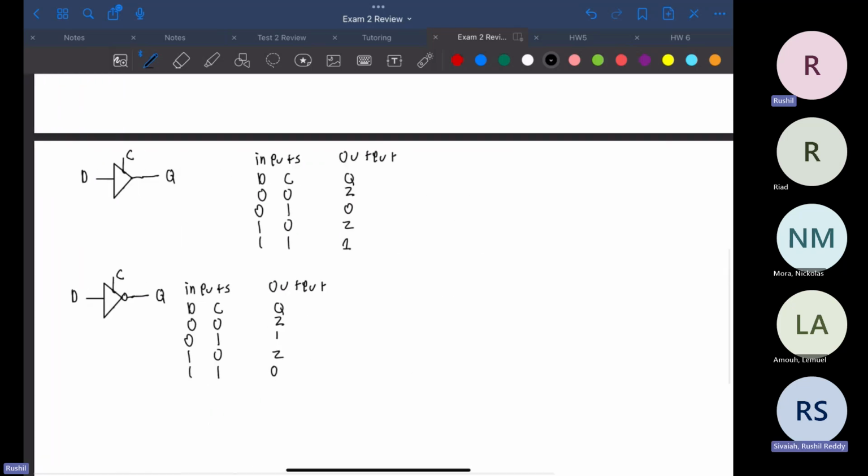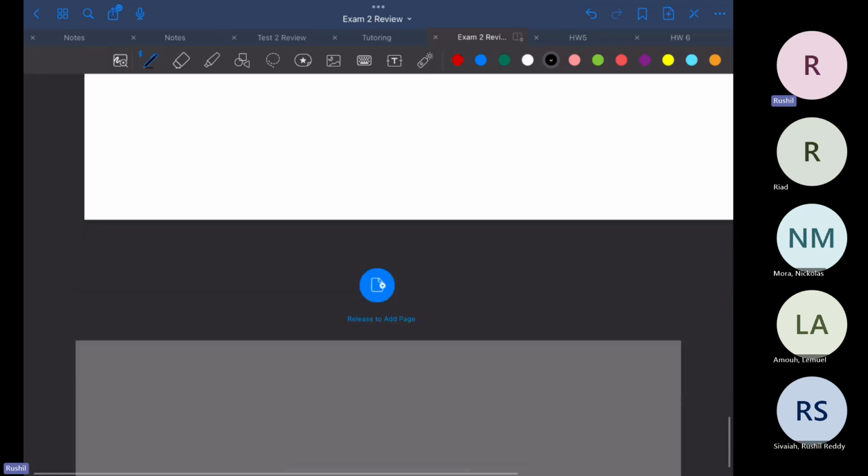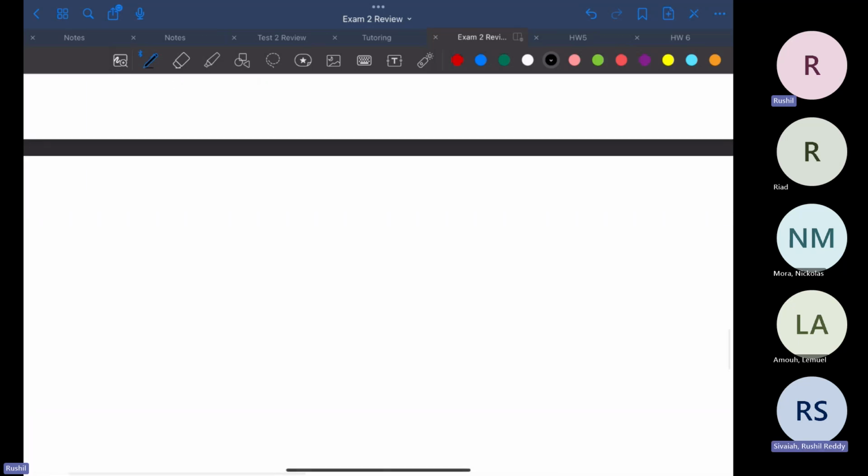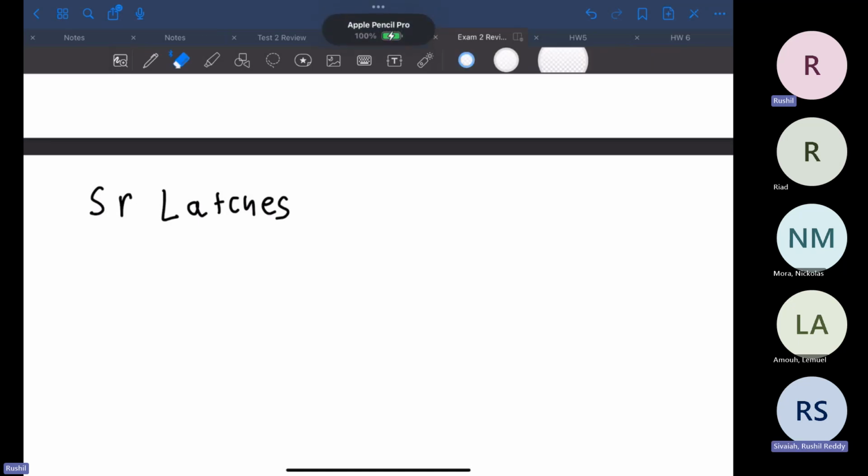Oh, latches, fun times. Okay, so we're gonna do an SR latch. What type of SR latch do you usually use?